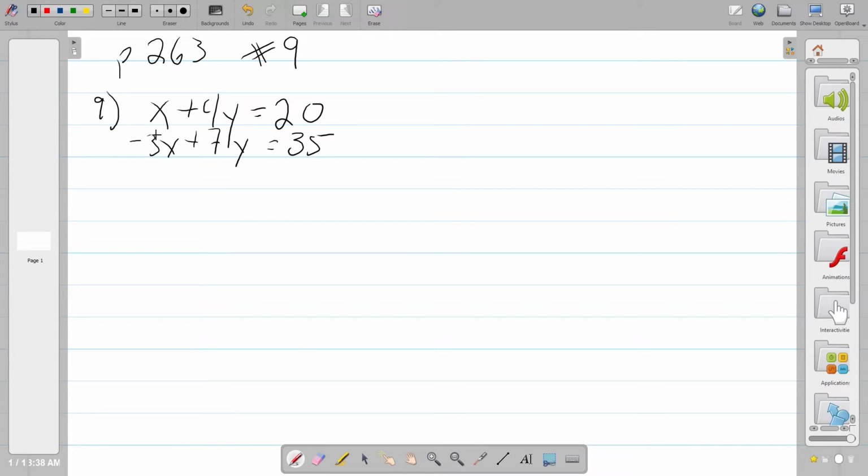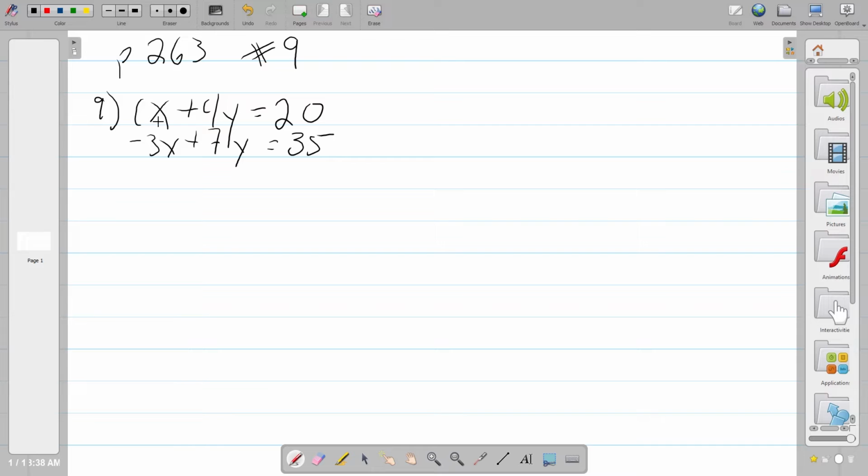Let's use 3, because this looks simple, since I can just multiply one of them by 1. It doesn't make the numbers that much bigger. You could also use this here and come up with a common multiple, but then you'd be multiplying by 7 and 4. The numbers get big, and it's just ugly. So I prefer it this way.